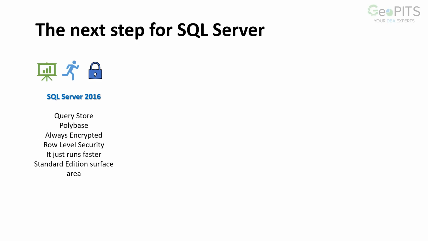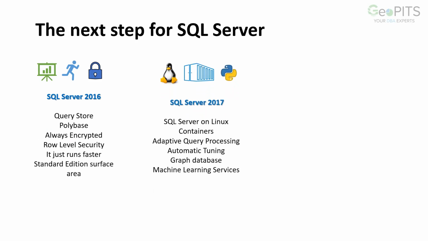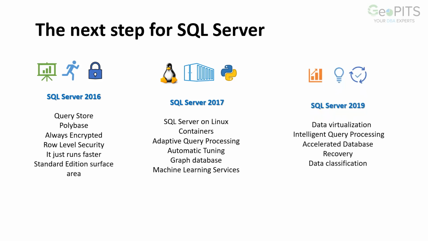In 2016, Query Store was implemented, along with Always Encrypted and row-level security. Next, in 2017 we got containers, along with adaptive query processing and the machine learning services they provided. In 2019 they gave data virtualization along with accelerated database recovery, which is quite impressive, along with more intelligent query processing.